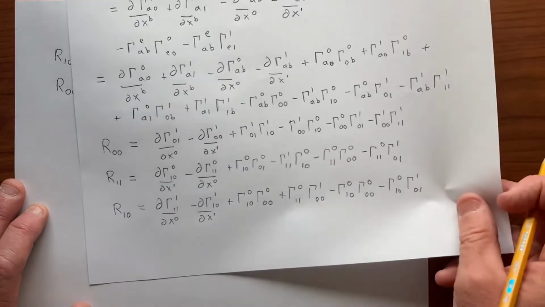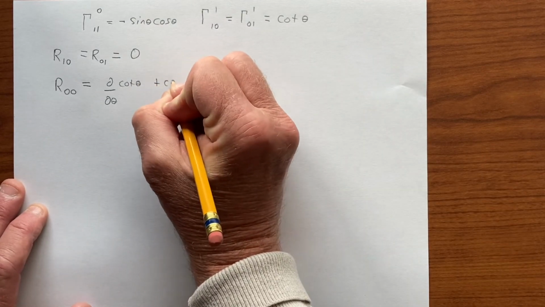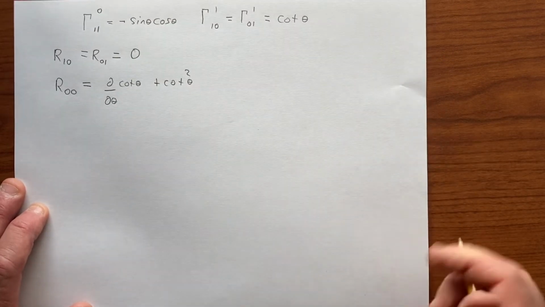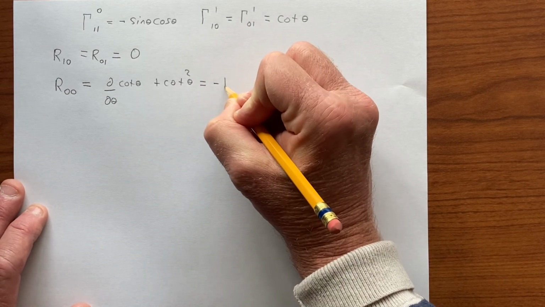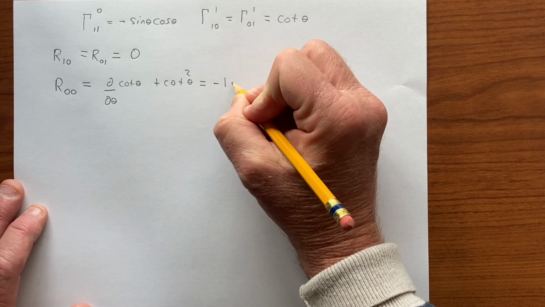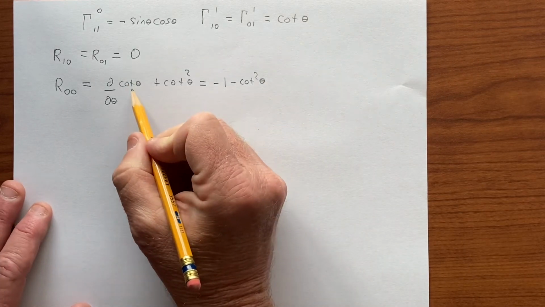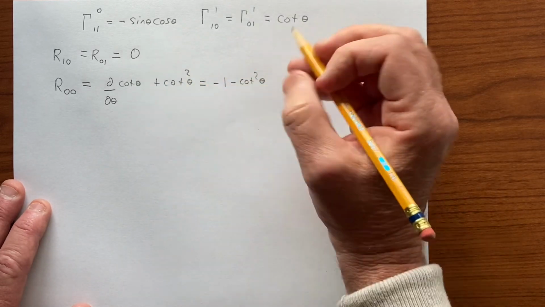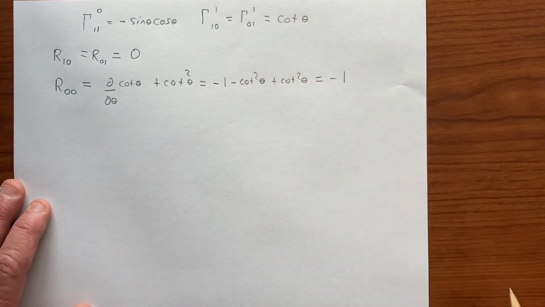So that gets squared, so we have a plus cotangent squared of theta. This is minus 1 minus cotangent squared of theta, right? Because we're taking the derivative of cosine theta over sine theta. So we get that, and so we're adding this. We get plus cotangent squared of theta, and that's equal to minus 1.